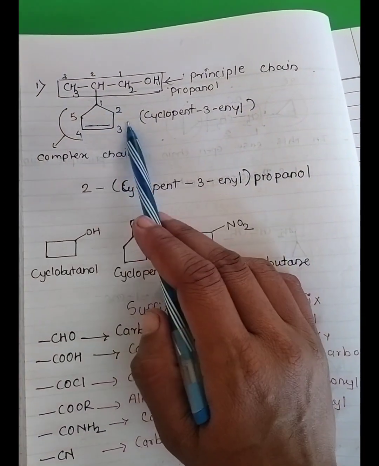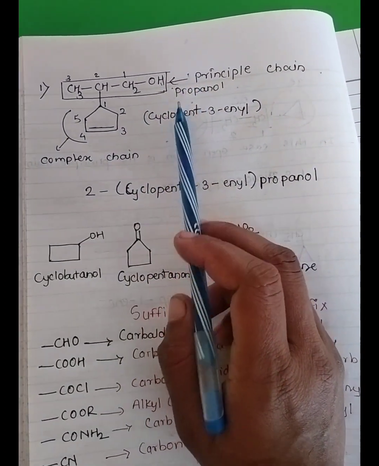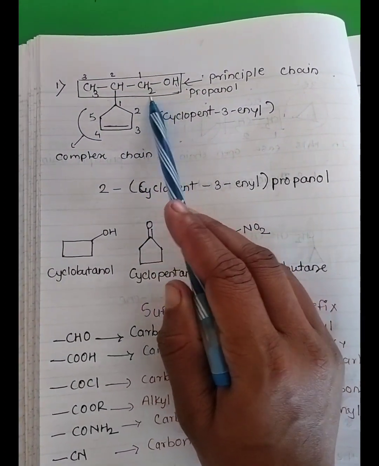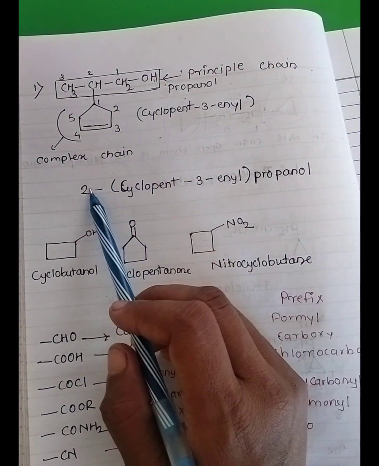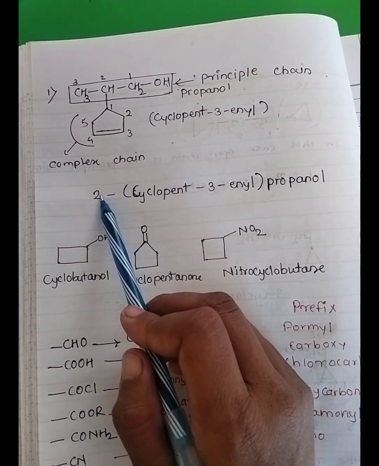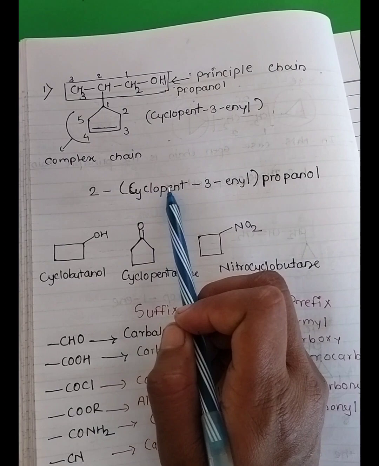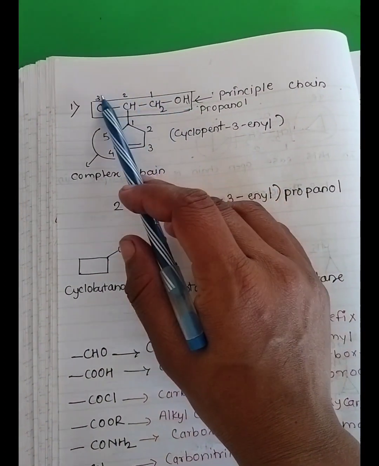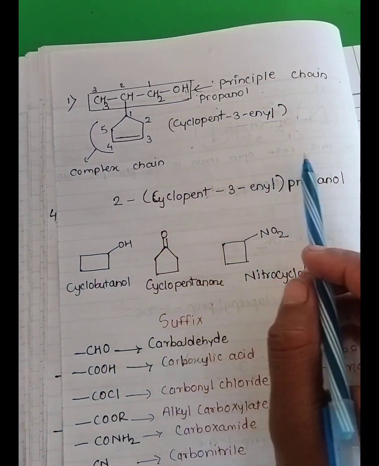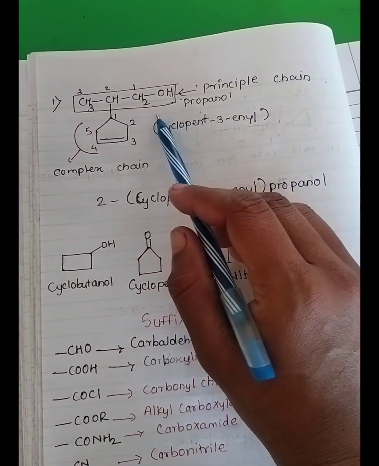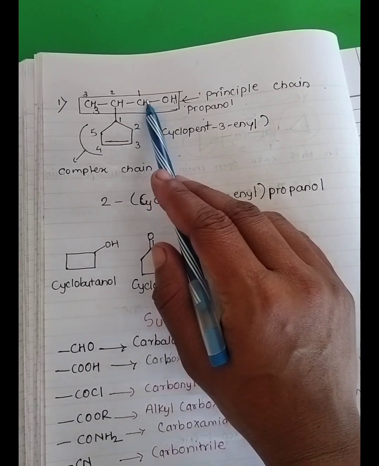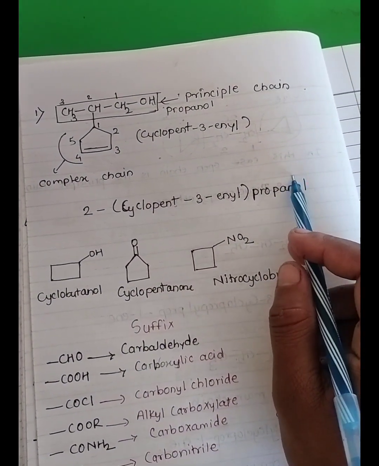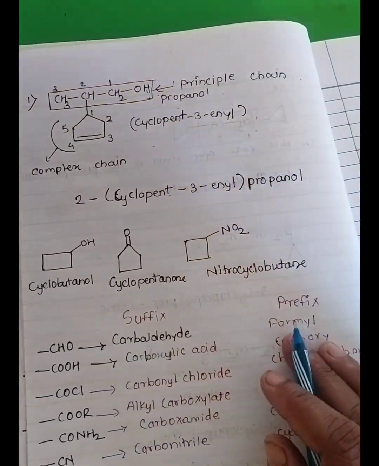This is the complex chain number and name, and suppose this complex chain is attached to the second position of the main chain, so 2 cyclopent 3 ENYL. There are 3 carbons in the principal chain, so prop, and the alcohol functional group is attached to the first carbon, so propanol; we use OL for OH.